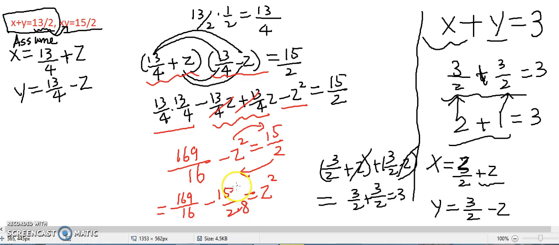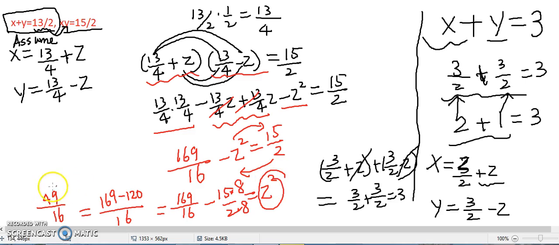Times 8 over 8, so we get a common denominator of 16. The top is 169 minus 15 times 8, which is 120. Simplify it further, we get 49 over 16. So what we end up with is z squared equals 49 over 16.